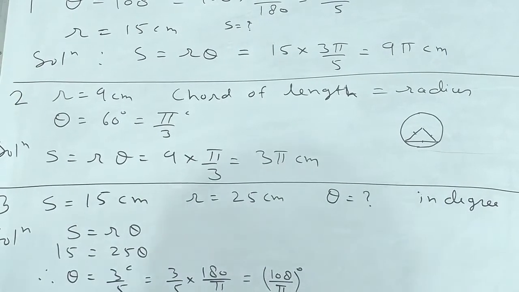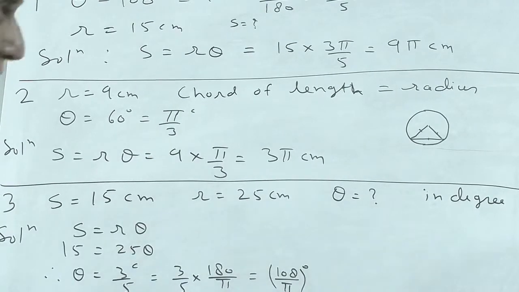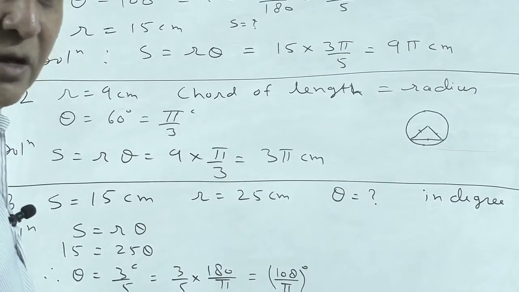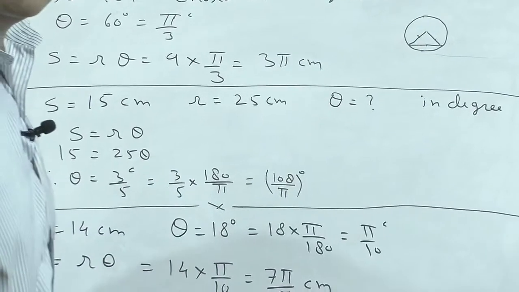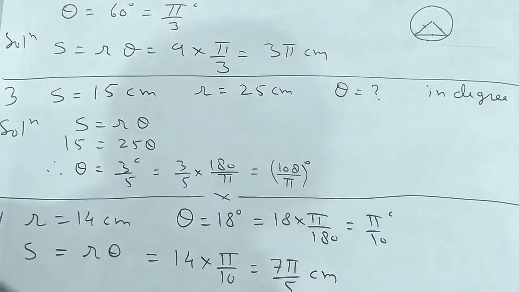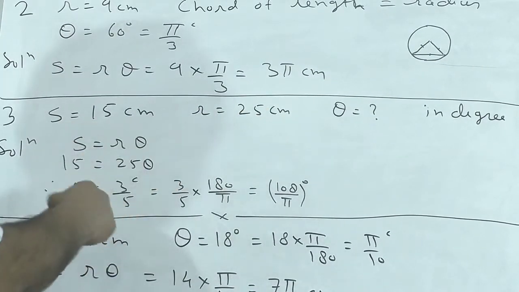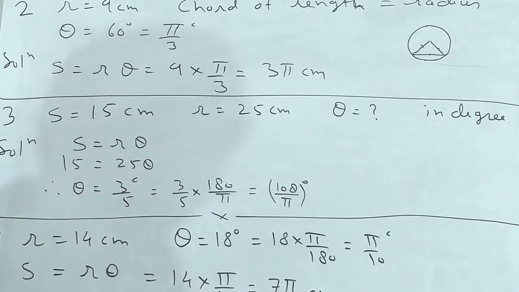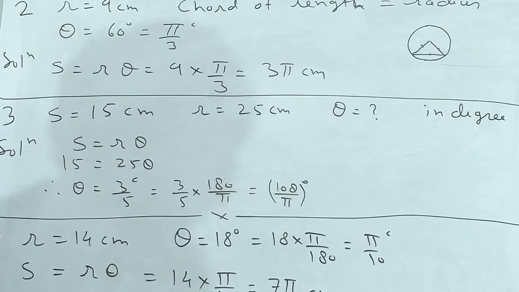Okay. Third sum: now S is given and R is given. Theta you have to find out. Of course they have asked in degree, but by the formula you will get it in radian. So S equal to R theta, 15 equal to 25 theta, theta is 15 upon 25, that is 3 by 5 radian. Convert it to degree by multiplying by 180 upon pi. Cutting, 36, 108 upon pi degree.